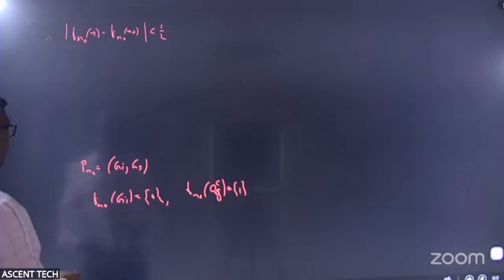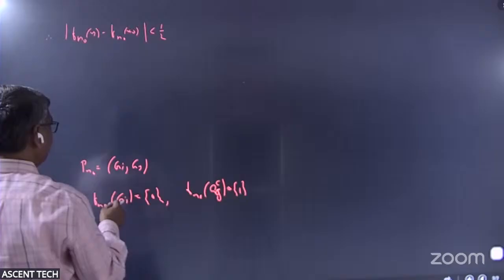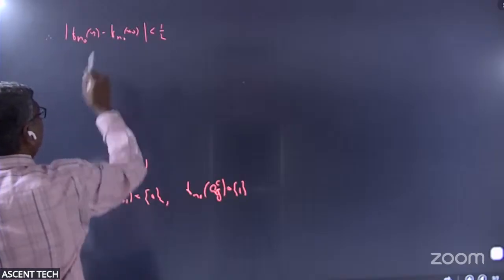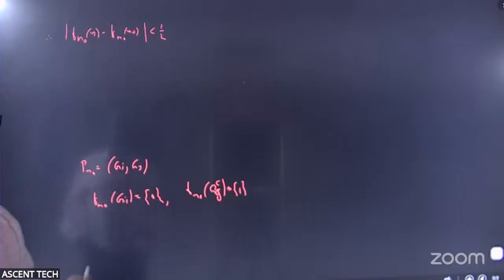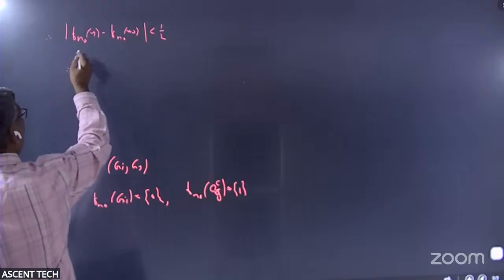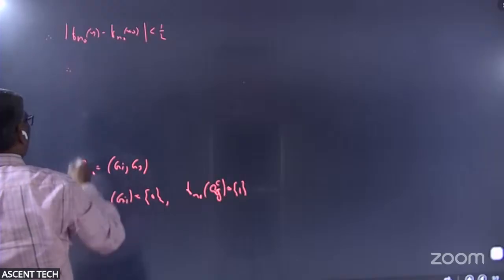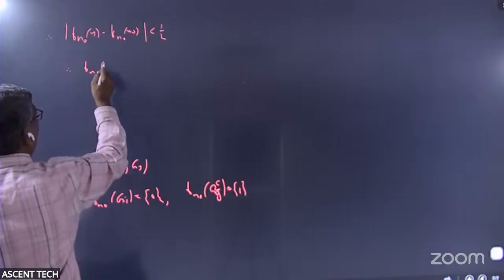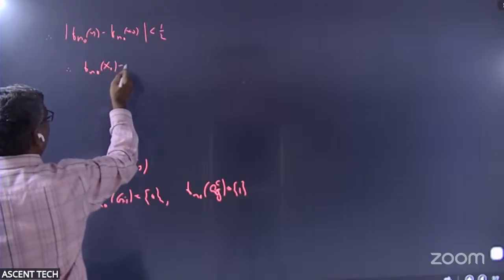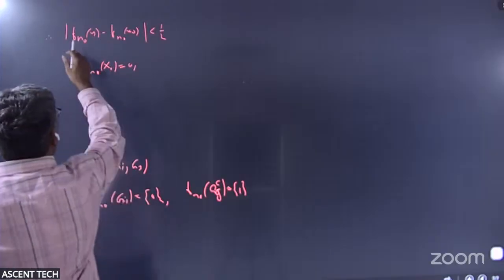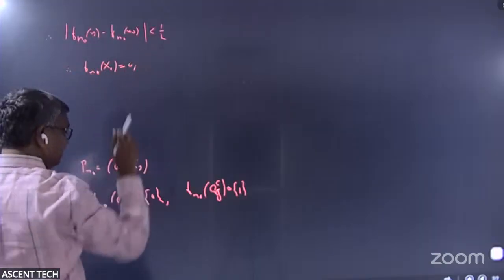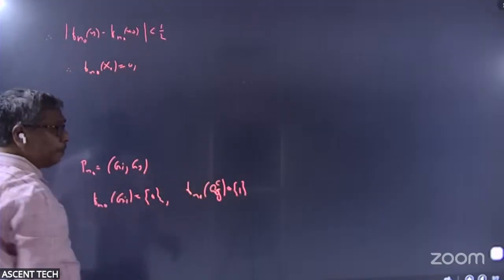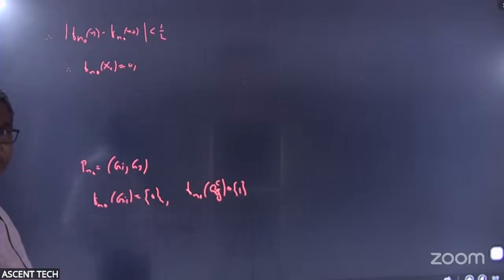Okay, so x naught is in G_I, so this is 0. Therefore f_n0(x0) is 0, and f_n0(y) in modulus is less than half. So that is not in G_J complement. That has to be in G_J.